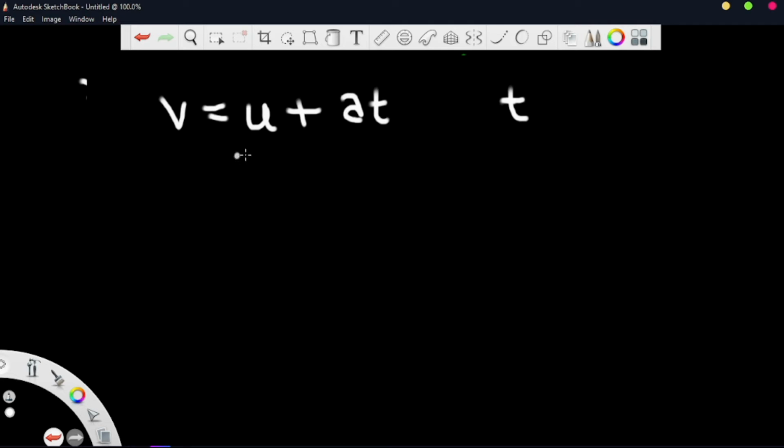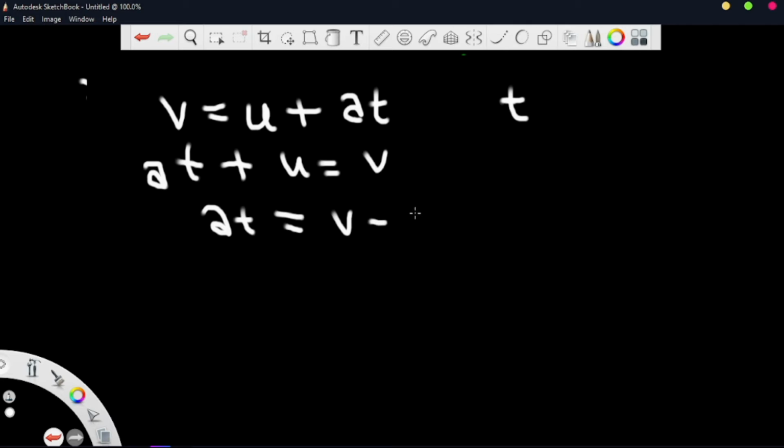If it were me, I would rewrite this statement and say at plus u, let me just write that, at plus u is equal to v. And now that I've written this, I can send my u to that side and have at is equal to v minus u.